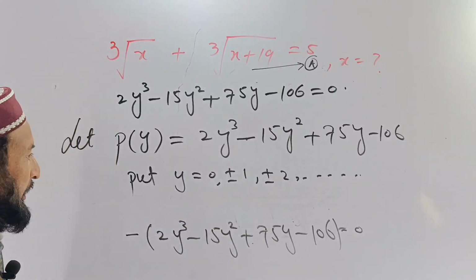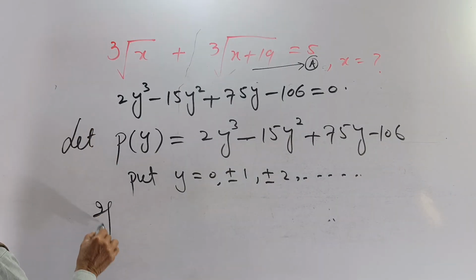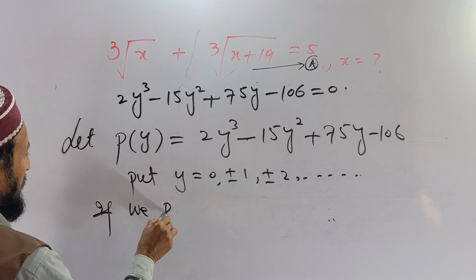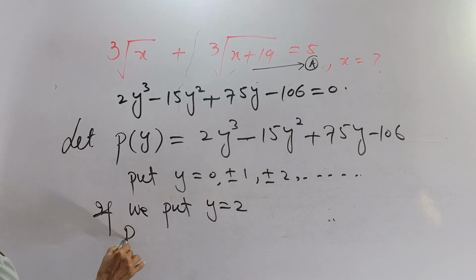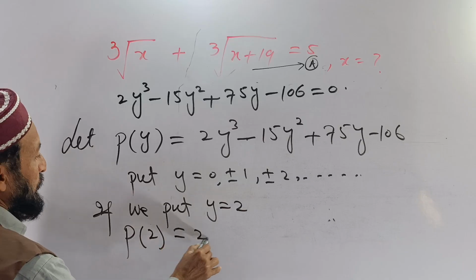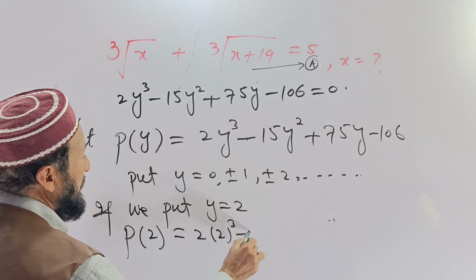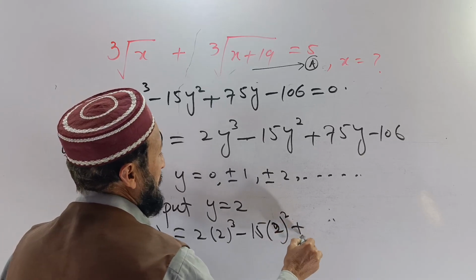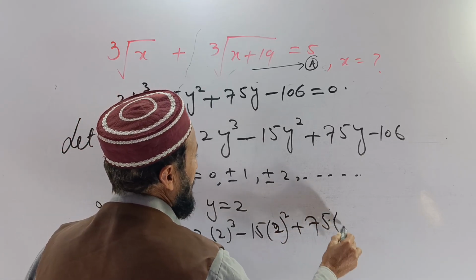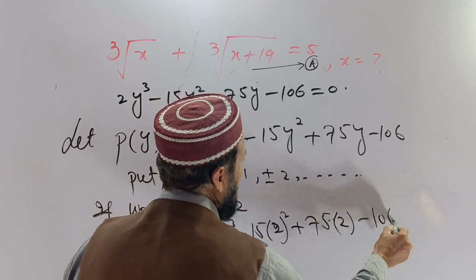If we check directly, putting y equal to 2 in the above equation, it reduces to the form 2y cube minus 15y square plus 75y minus 106.